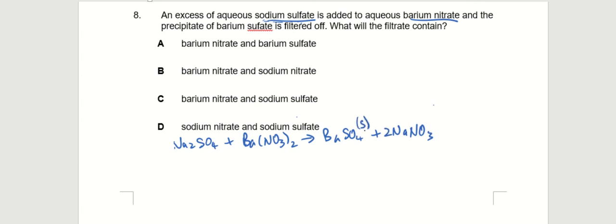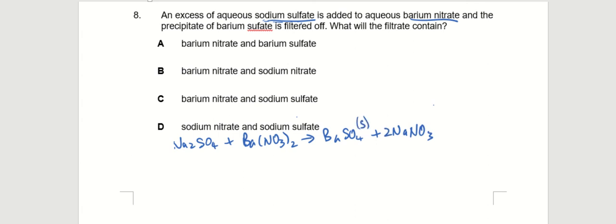If we have sodium sulphate reacting with barium nitrate, we should get a precipitate of barium sulphate as mentioned, and we should get sodium nitrate. This is your precipitate.